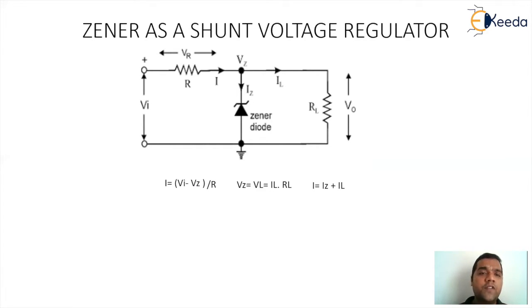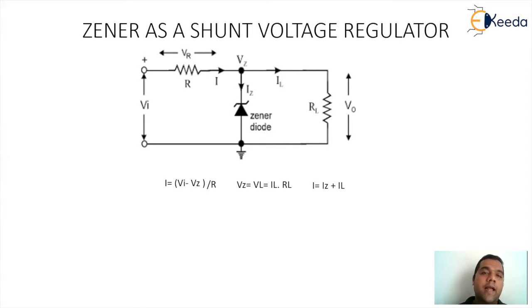Here, if you observe, we can see that there are three sections in the circuitry. The first section is an input side Vi connected with a resistance R. The second section is a Zener diode which will be connected in reverse bias mode. And the third section of the circuitry will be the load.